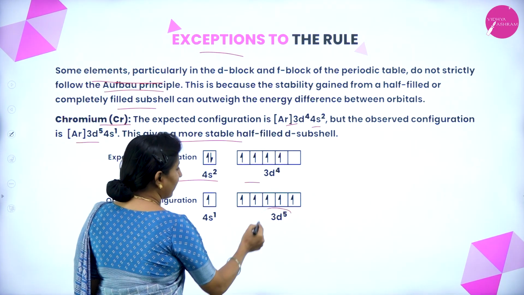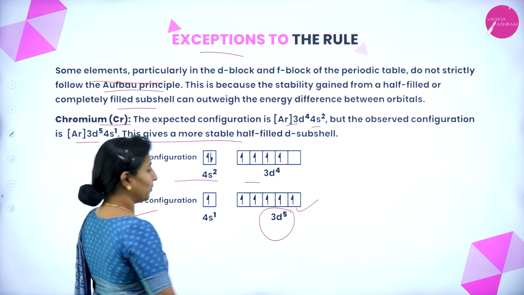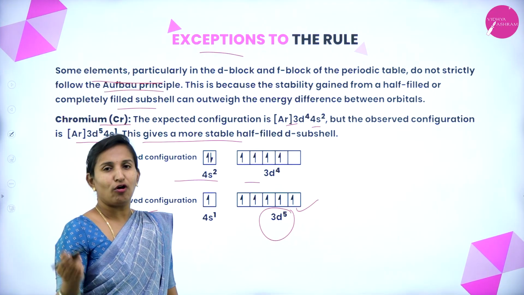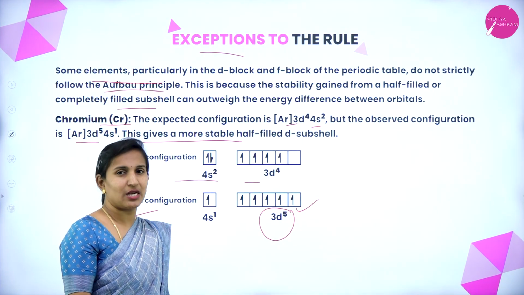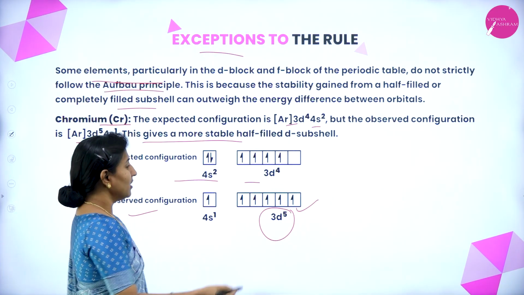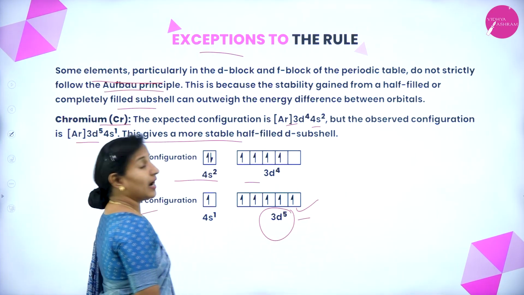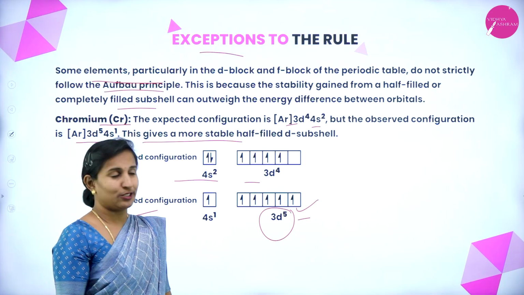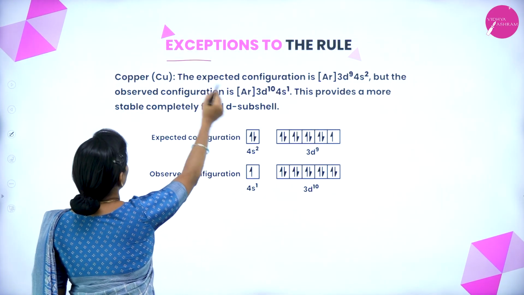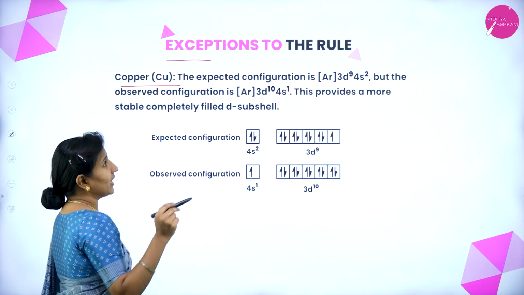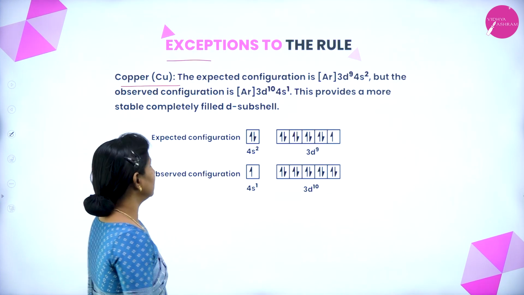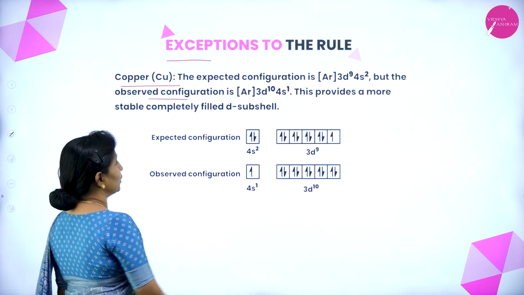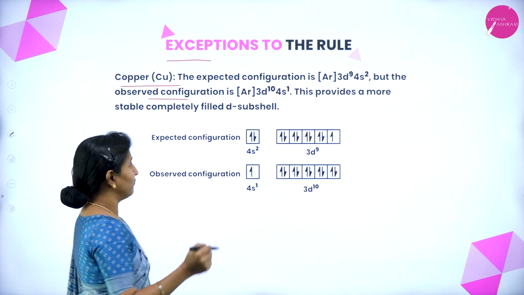So the d5 configuration is said to be half-filled configuration. Why? Because the d orbital can contain a maximum of 10 electrons. So 5 out of 10 shows half-filled orbitals are extra stable in nature. Another exception is copper, the expected configuration argon 3d9, 4s2, but the observed configuration is argon 3d10, 4s1.